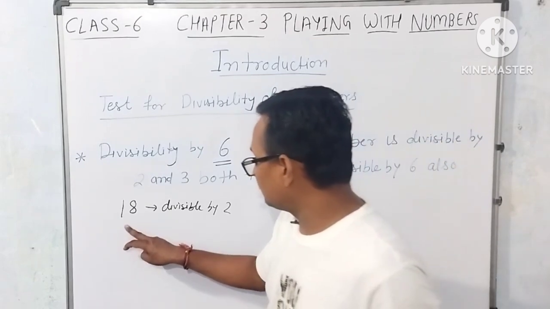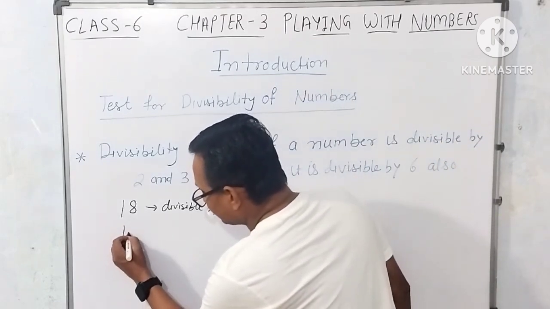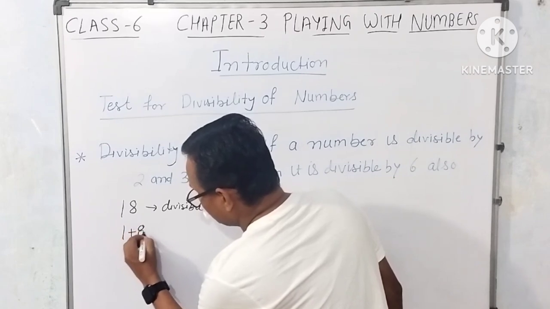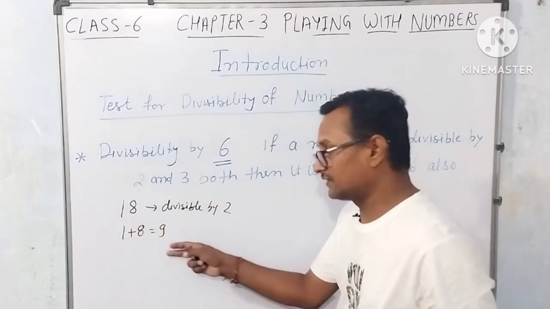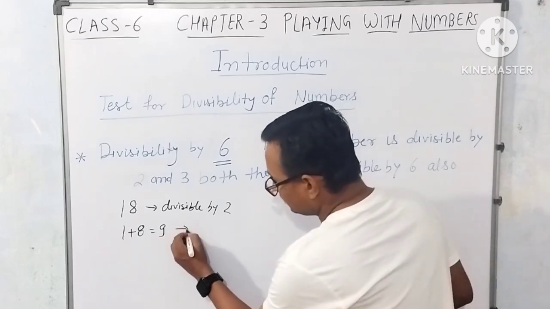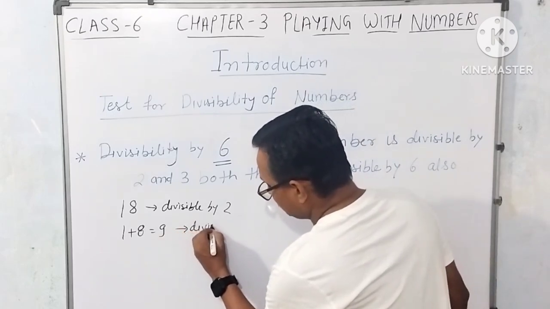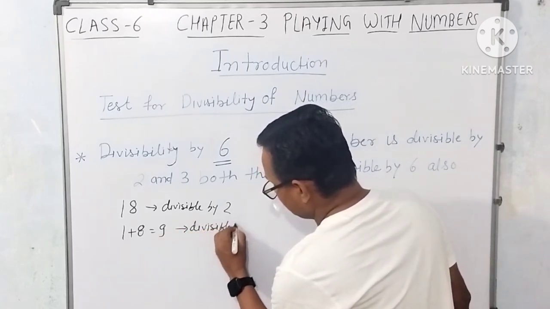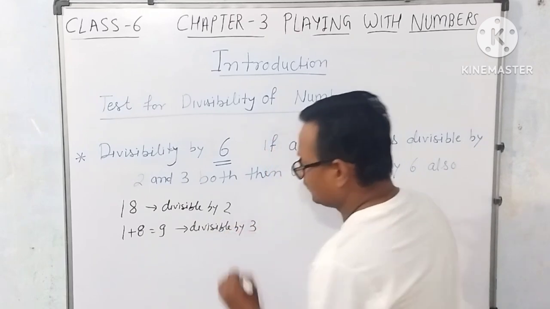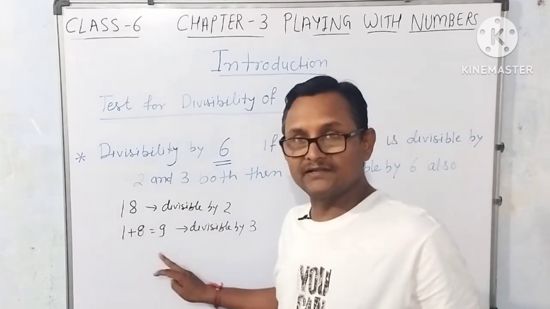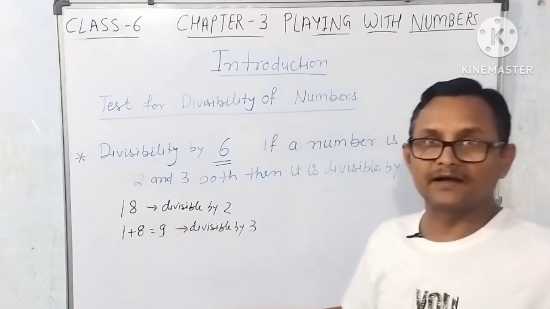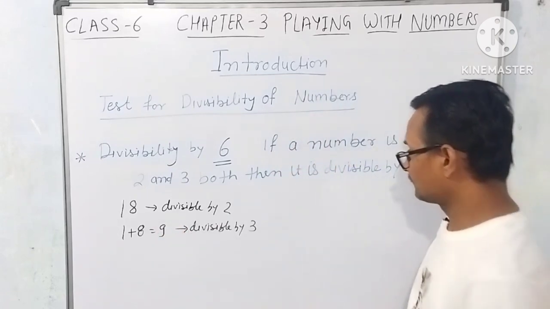So we can do the sum here. 1 plus 8 equals 9, which is also a multiple of 9. So it is divisible by 3. So we can say 18 is divisible by 2 and 3, so 18 is divisible by 6 also.